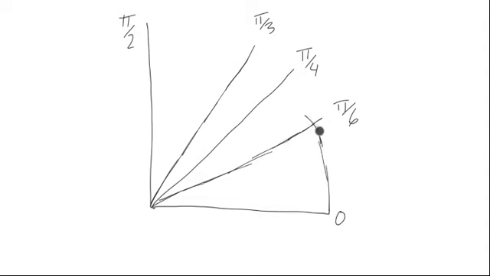So at least in applications, in a class like this, we often make our applications so that we can focus on some nice angles and know some nice coordinates here to help us out.